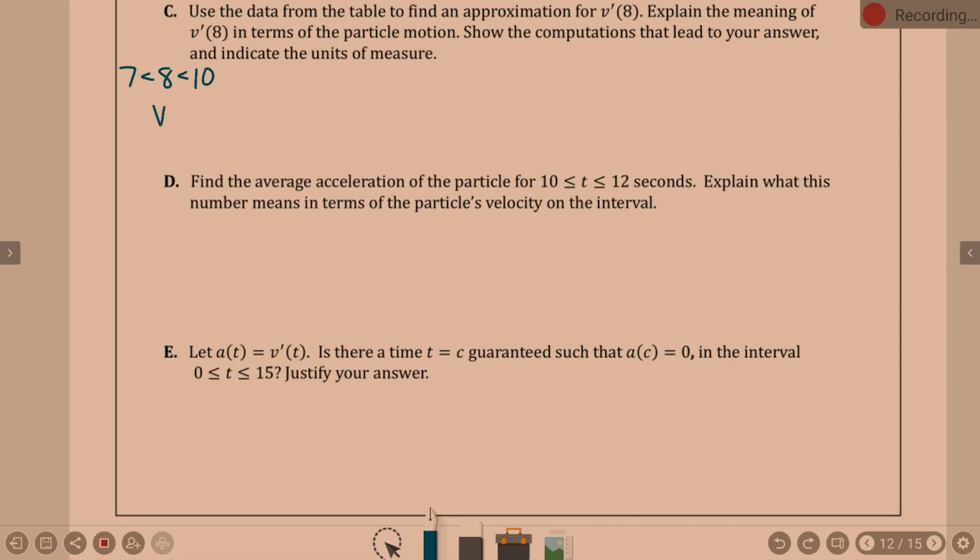And we're going to estimate that by doing v of 10 minus v of 7 over 10 minus 7. 5 minus 3 over 10 minus 7, which is 2/3. What about a label?